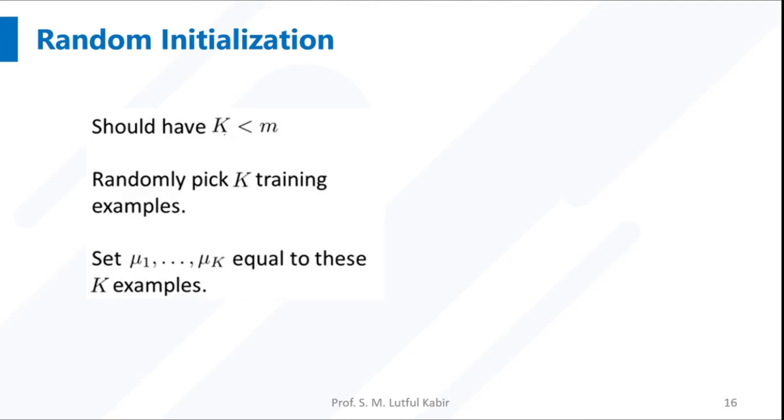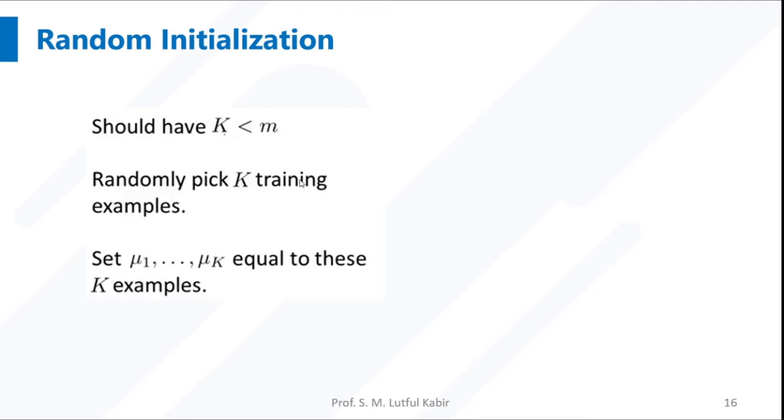Say for example you have 50 examples and K has to be less than 50. And normally the value of K ranges between 2 to 10. And then randomly pick K training examples and set mu1 to mu k equal to these K examples. Within say 50 examples, you pick, say you want to make two clusters.